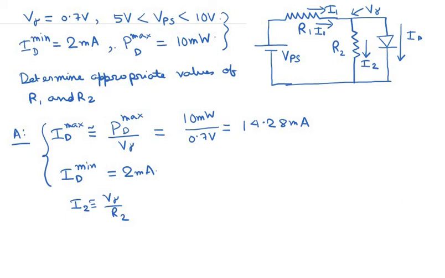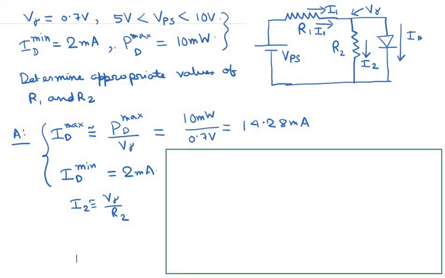So let us write the equations. ID max: (VPS max minus V gamma) divided by R1, this is I1, the current through the resistor R1, is equal to ID max, just as I stated that the diode current is maximum when VPS is maximum, plus I2. Which implies VPS max is given to be 10 volts.